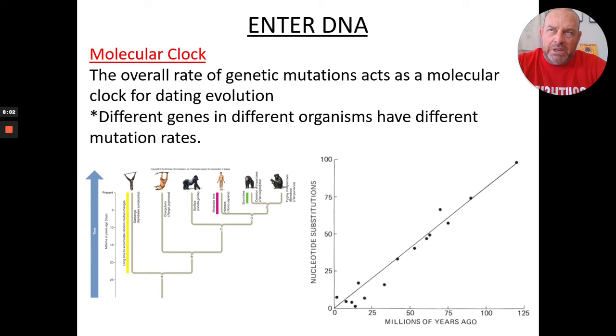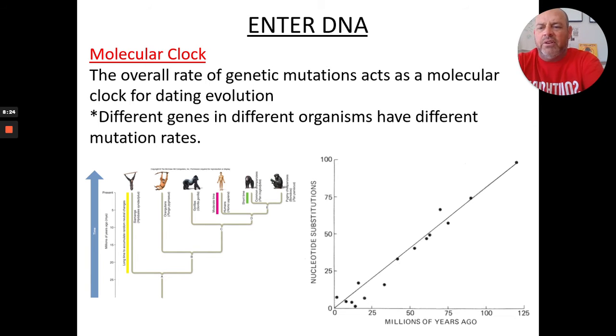Because we can do this, because we can track DNA now and we can look at mutation rates, we can use them as a molecular clock. Different genes and different organisms have different mutation rates. So depending on how fast things change and how similar or different they are to other things, we can date things back and see how things are going.